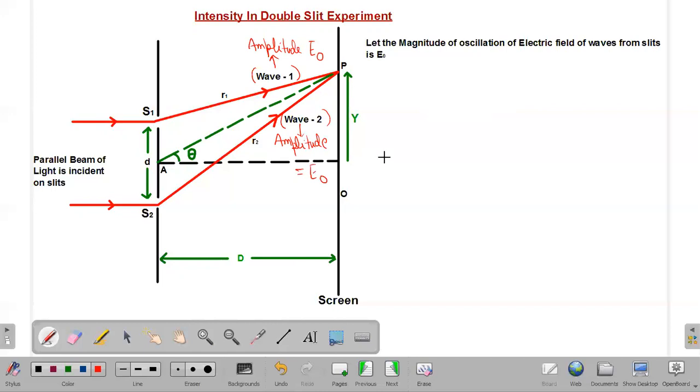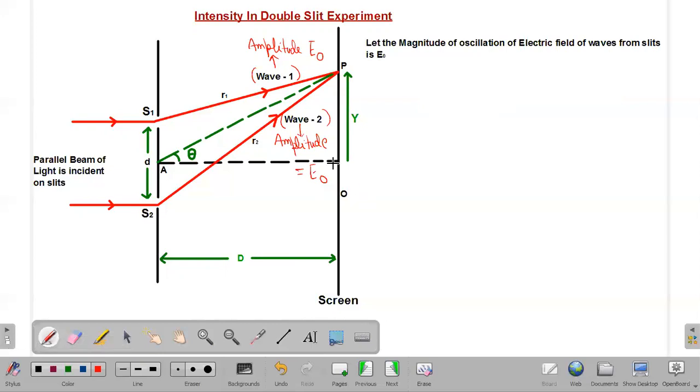So I assume that the two waves reaching point P have the same amplitude of oscillation for the electric field component, as it is an electromagnetic wave. So we are considering the electric field component of the wave, and we assume that the electric field amplitude from wave 1 and wave 2, that means the wave coming from slit 1 and the wave coming from slit 2, is equal at point P.